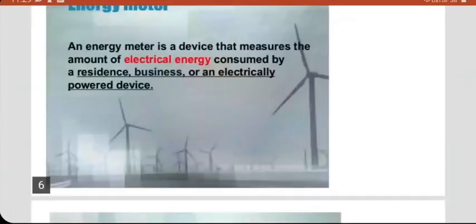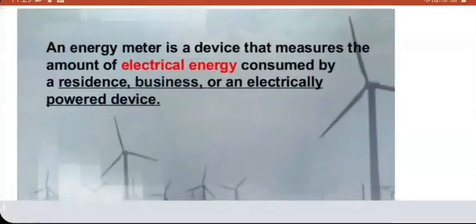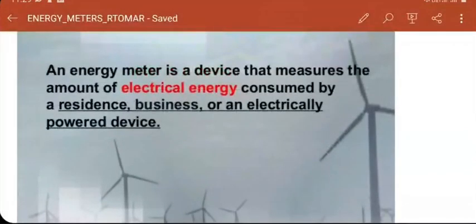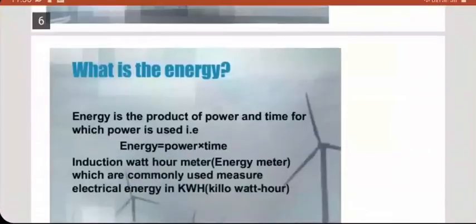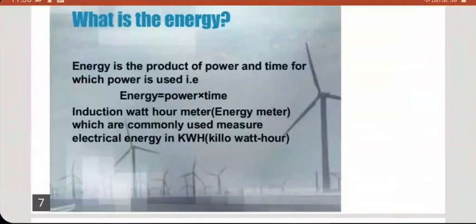I'm sure you can read this. Energy is the product of power and time for which power is used.